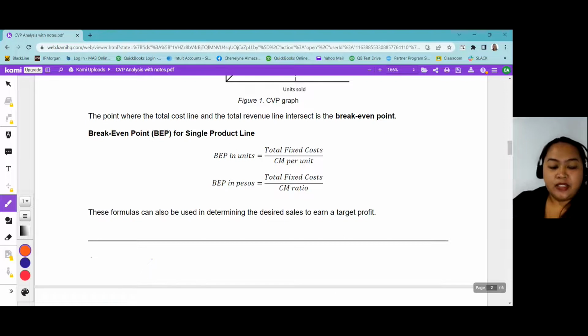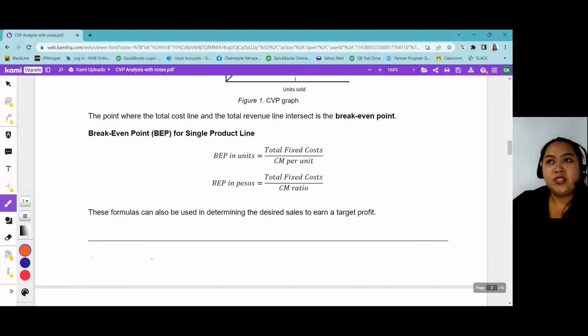So, for instance, iniisip mo kung ano ba yung quota mo for a day. Okay? Pag sinabi mong quota, ibig sabihin, yun yung minimum na dapat mong mabenta within one day para ma-cover mo lahat yung iyong cost. Okay? Ibig sabihin, hindi ka lugi.